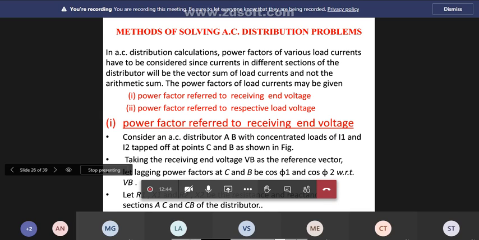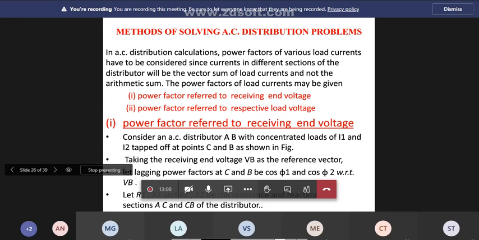The power factor of load current, that is, of every consumer, may be expressed or calculated in two ways. First one is power factor referred to receiving end voltage. Second one is power factor referred to respective load voltages.